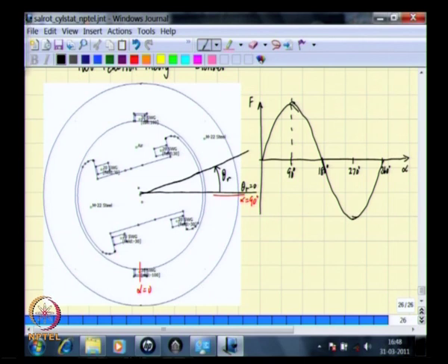What we have said is that we take this fundamental component of the MMF distribution of the stator and resolve this along the pole face of the rotor and another component which is perpendicular to the pole face of the rotor, and you see that this component then always lies on the interpolar axis.